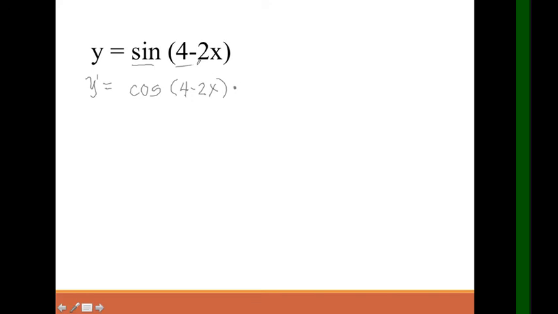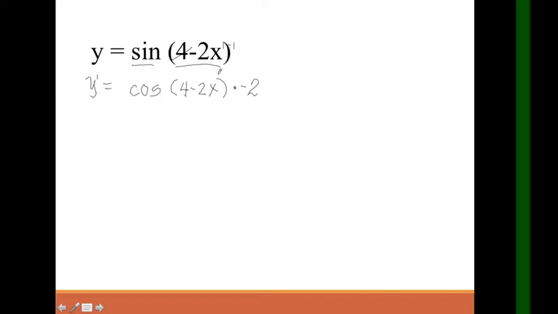And then, multiply by the derivative of 4 minus 2x. So, ika-cancel natin to kasi the derivative of 4, which is a constant, is equal to 0. Negative 2x, the derivative of negative 2x: meron siyang exponent na 1 minus 1, so that's 0. X raised to 0 is 1. So, 1 times negative 2 is negative 2. I believe napag-aralan nyo na yon before kayo napunta sa portion na ito, so hindi ko na siya i-elaborate pa.